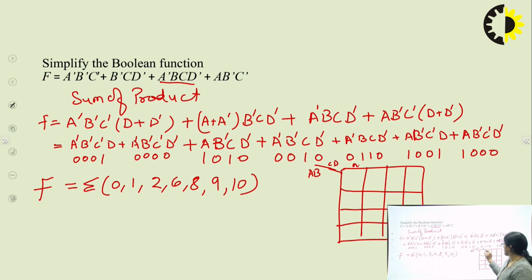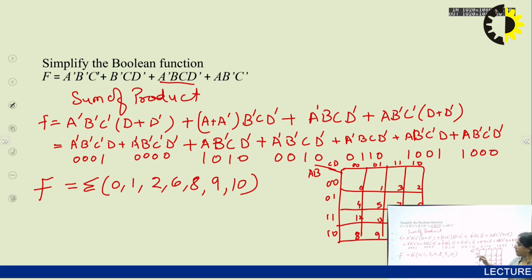So it's 0 0, 0 1, 1 1, 1 0, and 0 0, 0 1, 1 1, 1 0. We will number it, cell numbers 1, 2, 3, 4, 5, 7, 6. So our function is valid for 0, 1, 2, 6, 8, 9 and 10.